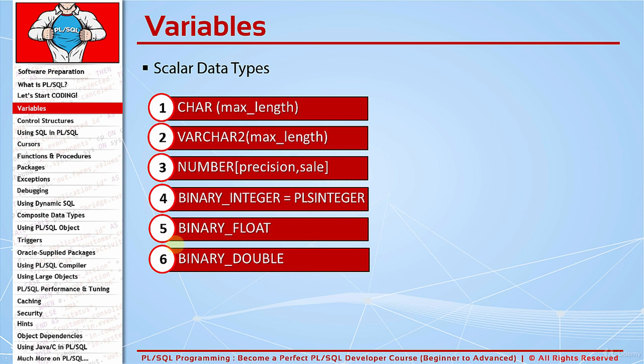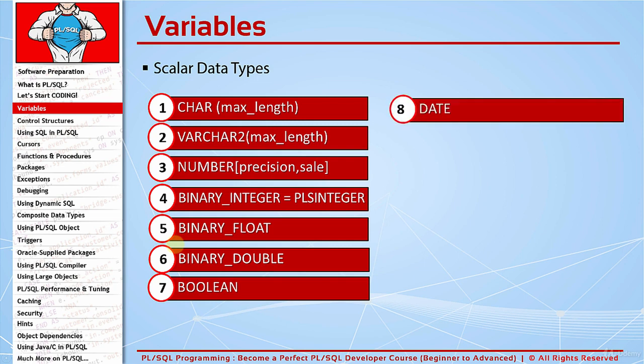Then, the Boolean data type. I think you know what Boolean is. It has true or false values. In PL/SQL, it can be null too. By default, it's null actually. In other programming languages, by default, it's false. But here, it's null. We should be sure about that. And date. The date type in PL/SQL has the time of day and hour, minutes, seconds.